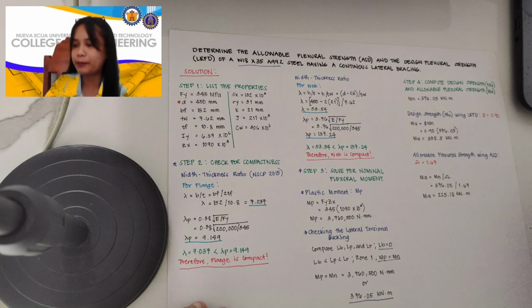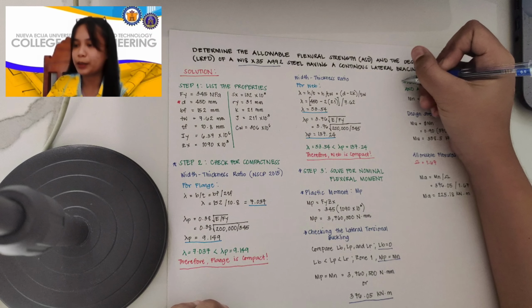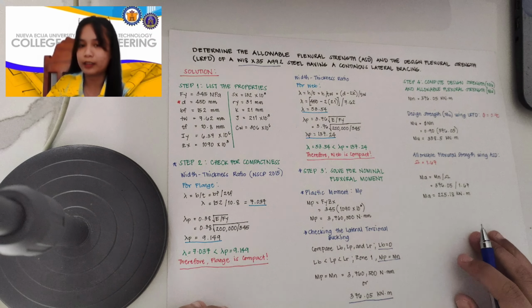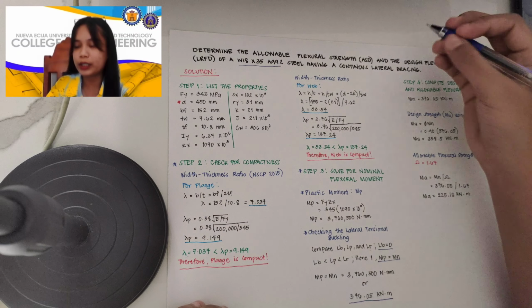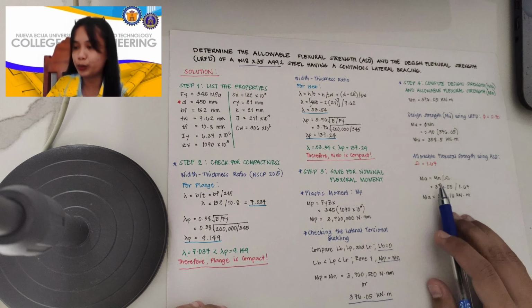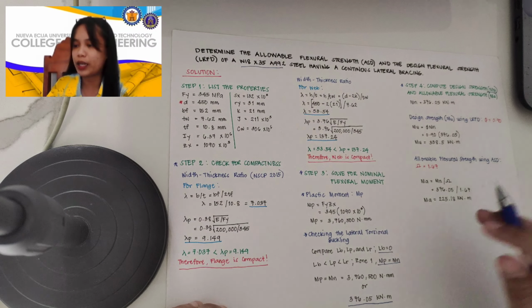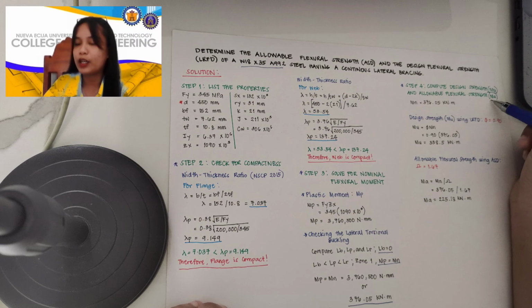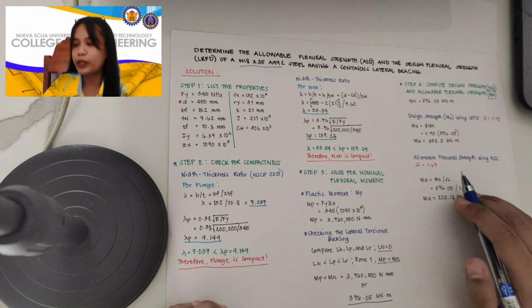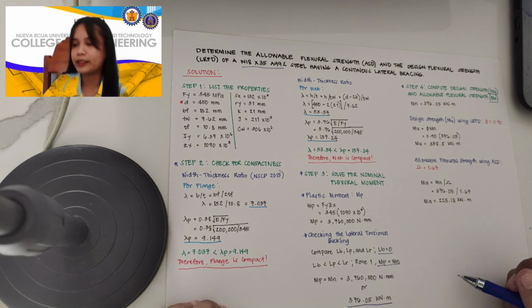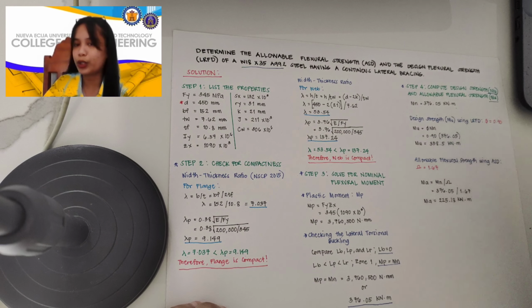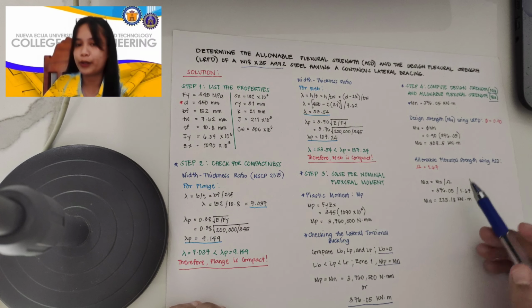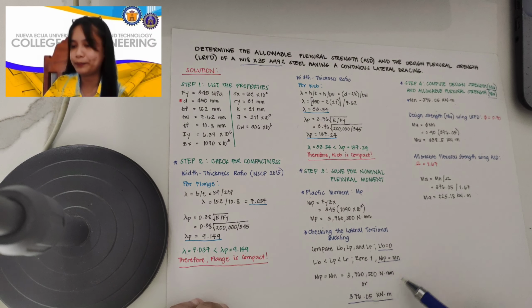So for the last step, after natin ma-determine yung ating nominal flexural moment, the last step is to compute the design strength Mu and allowable flexural strength Ma. So we have the value of Mn is equal to 376.05 kilonewton meter. So that is computed before in step number 3.